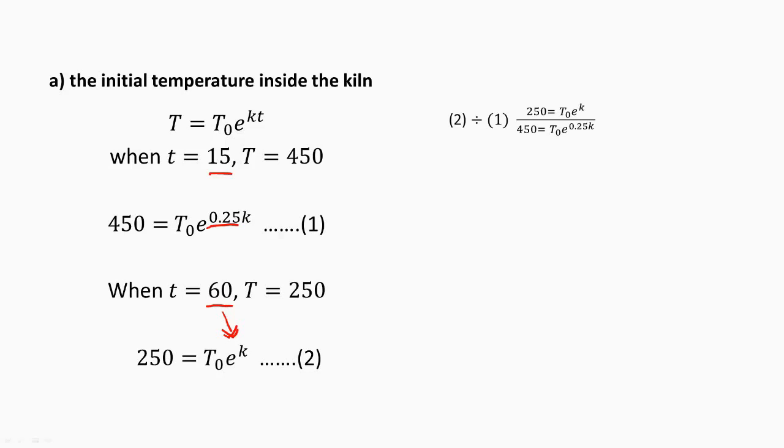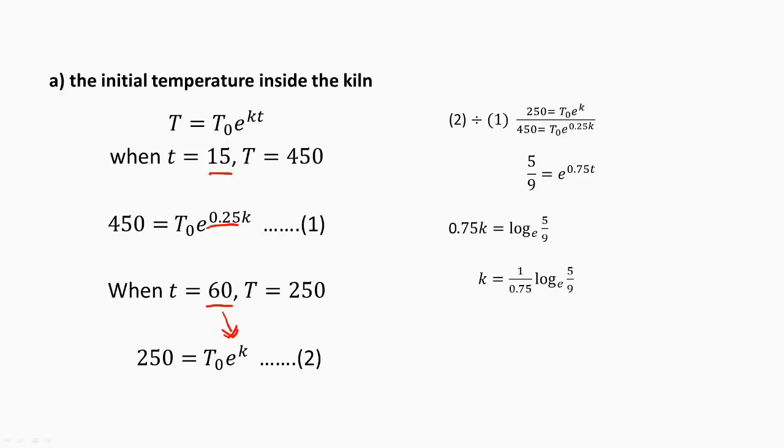I now have two equations with two unknowns. I'm going to use simultaneous equations, dividing one equation by the other. The initial temperatures cancel out. I'm left with 5/9 equals e to the 0.75k. Now I can just use logarithms to solve.